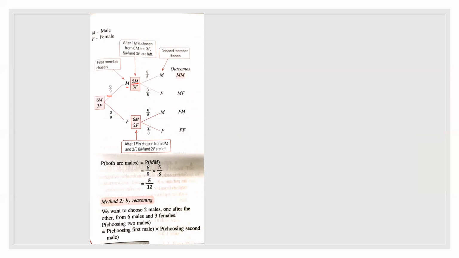And the number of people, at first 9, now becomes 8, right? Then choosing another male, it's 5 male out of 8 people. So your 2 probabilities will be 6/9 and 5/8. The probability that both are male is 6/9 times 5/8. The answer will be 6/12.